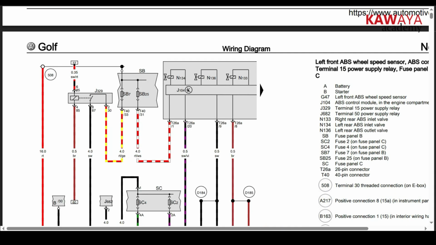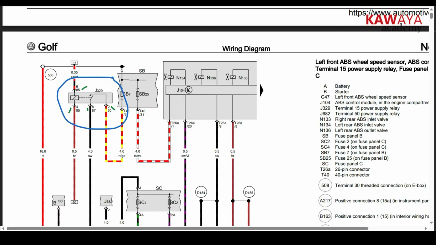Okay, let us look for different switching points like the relay. Here you have a relay, you can see it here, and this relay basically has 4 points. We have this point 85, this point 86, we have this point 30 and 87.